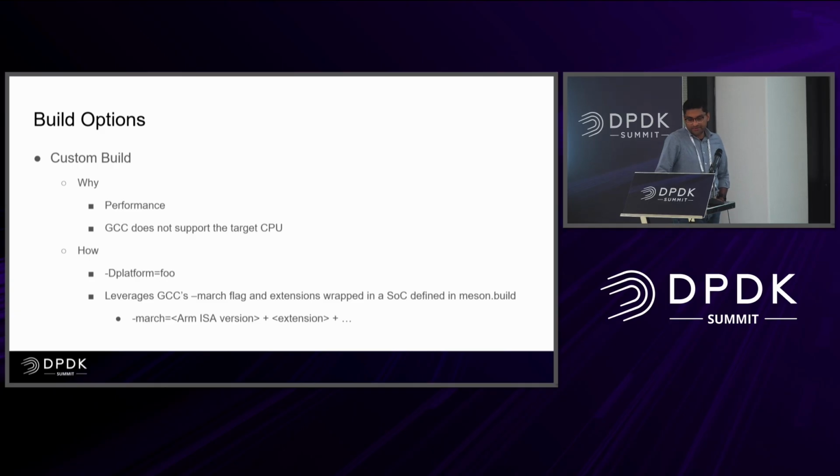And then we have the custom builds, which are kind of in between. There might be folks who need performance, but the latest GCC version may not recognize that particular CPU. For instance, up until GCC 15, the V3 and N3 CPUs were not recognized in the mcpu argument. So we had to use this custom build option.